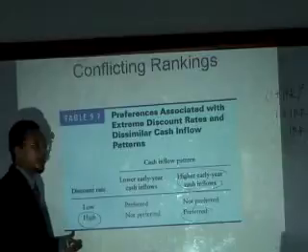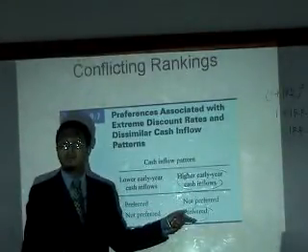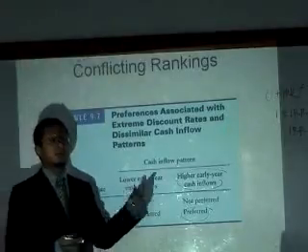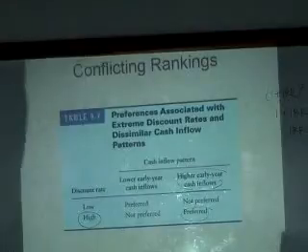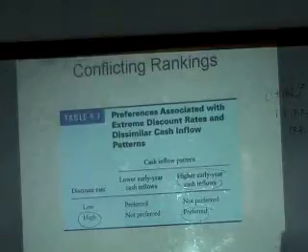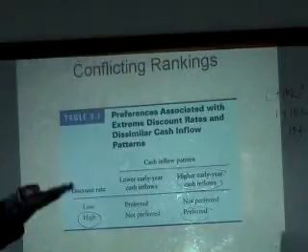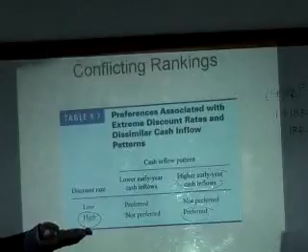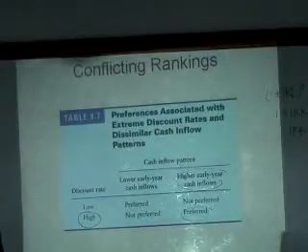High discount rate at a higher early year, you prefer, because if you receive higher early cash inflow at a higher discount rate, you can invest that money at a higher discount rate, so it's preferable. For example, you receive 50,000 compared to 10,000, and with that 50,000 you have a higher discount rate. It's better for you to reinvest it.